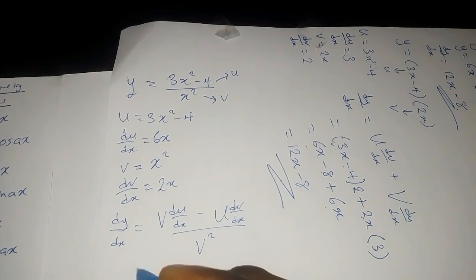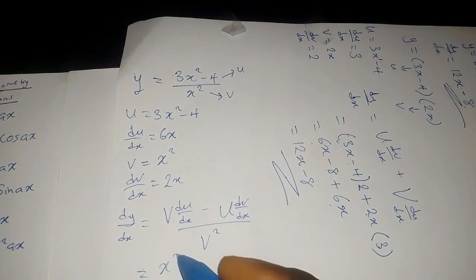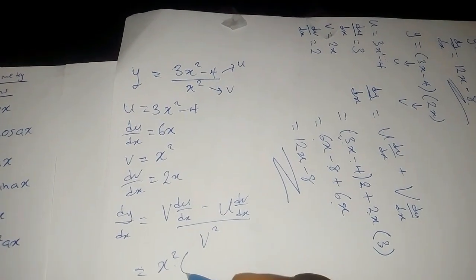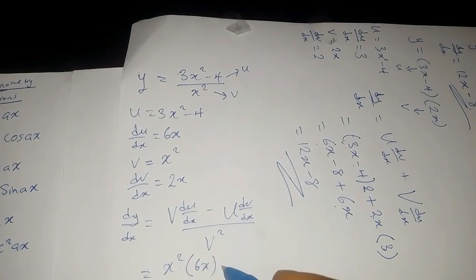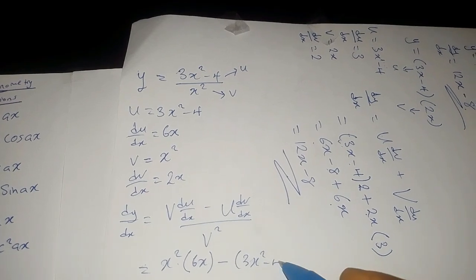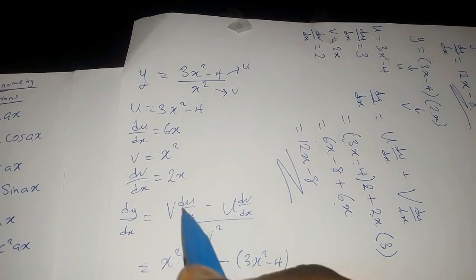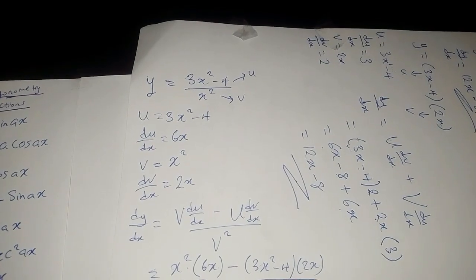So I'm going to say dy dx is then equal to my v, which is x squared, multiplied by du dx, which is 6x, minus u, which is 3x squared minus 4, multiplied by dv dx, which is 2x, everything divided by v squared.